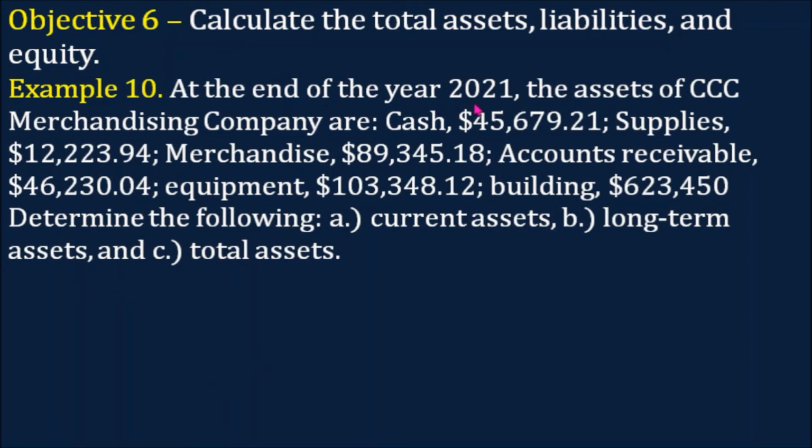Example number 10. At the end of the year 2021, the assets of CCC Merchandising Company are cash $45,679.21, supplies $12,223.94, merchandise $89,345.18, accounts receivable $46,230.04, equipment $103,348.12, building $623,450.